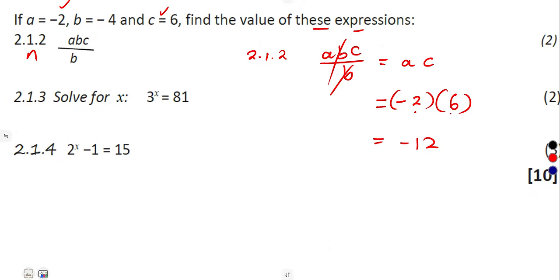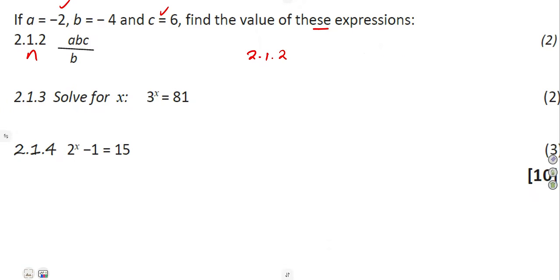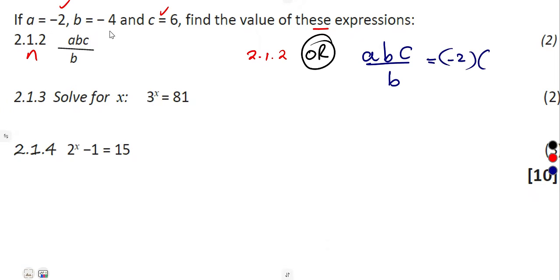So many ways. Or we can substitute in the original format of our question, abc over b. We substitute our a as minus 2, times our b, which is negative 4, times our c, which is positive 6, everything over b, which is negative 4. We can cancel here, it is up to you.